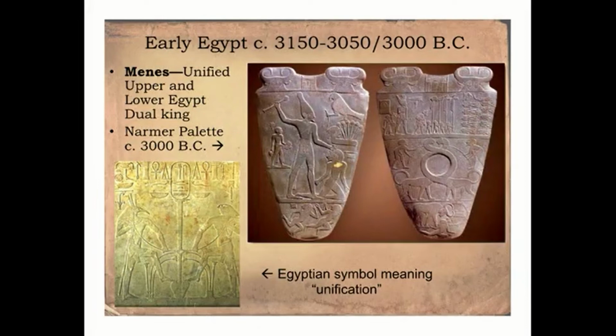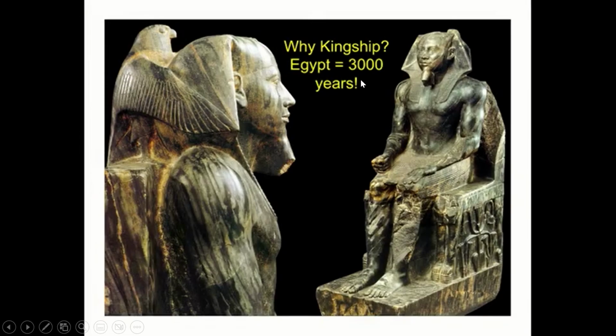Then it declines a bit and political unity dissipates. Then you have the intermediate period, and the roller coaster goes back up to the Middle Kingdom. Then we have another roller coaster ride, and it goes back up and starts the New Kingdom. So you have these phases of life throughout Egyptian history.